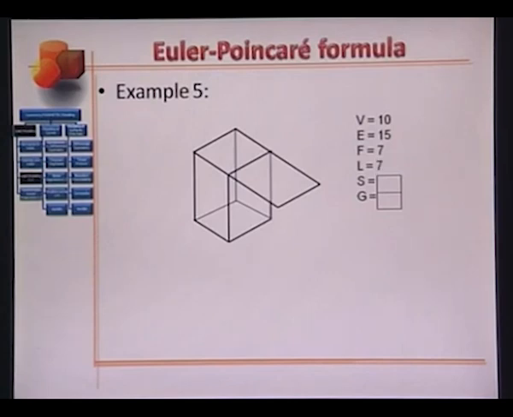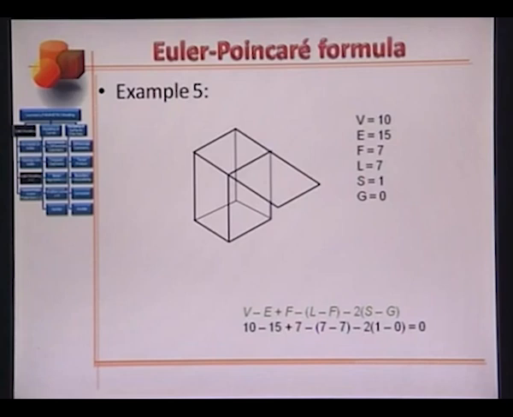And if we assume that this is a valid solid, the shell value, the number of shells, is 1 with no handles, and therefore the genus is 0. Euler-Poincare formula predicts that this is a valid solid, but we know that this polyhedron violates the homogeneous three-dimensionality property of solids.